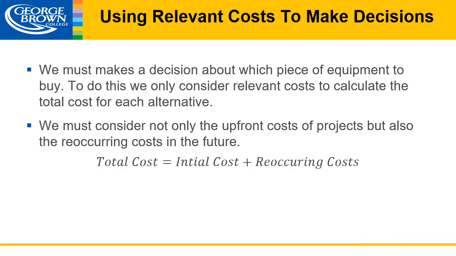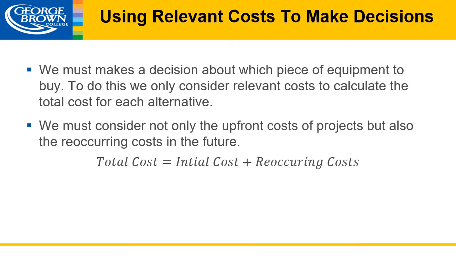So, making a decision about which piece of equipment to buy, again, we only consider the relevant costs, and we need to calculate and compare the total cost for each alternative. Okay, it's also important to assume here that both pieces of equipment will do what we need them to do. So they both give the same utility.